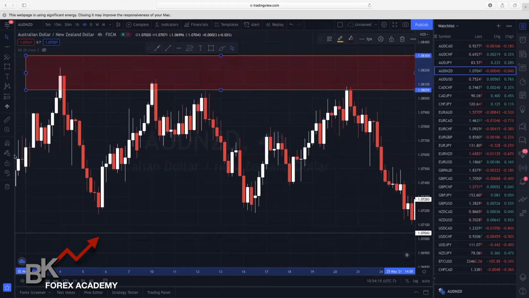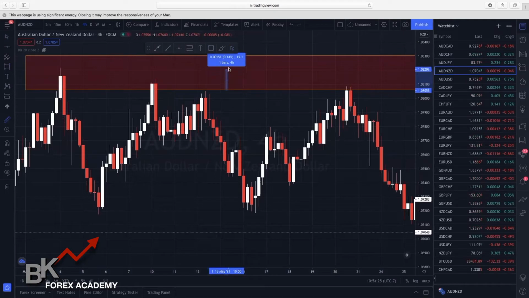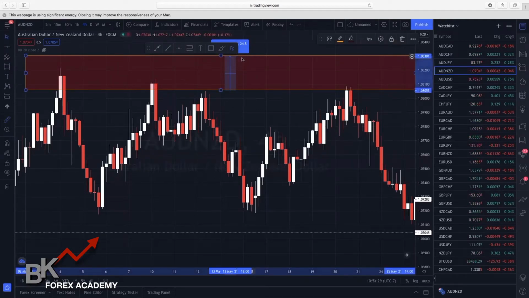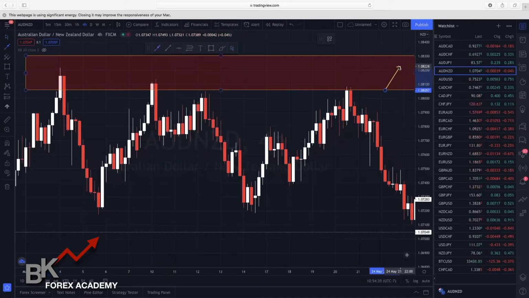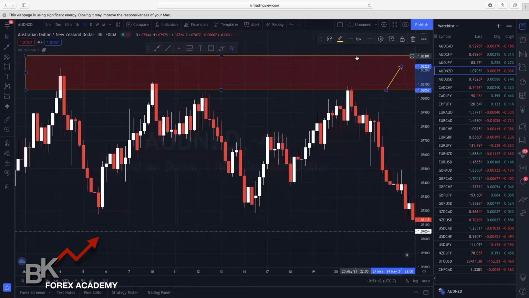So you want to make sure you use proper risk management. So I usually get my measuring tool here, measure from the bottom to the top, and that's 24 pips. So if price happens to come against me, let's say price is here and it goes up and it comes here, I'm okay because it's within my rectangle and it's within my risk management, within that 24 pip loss, right?